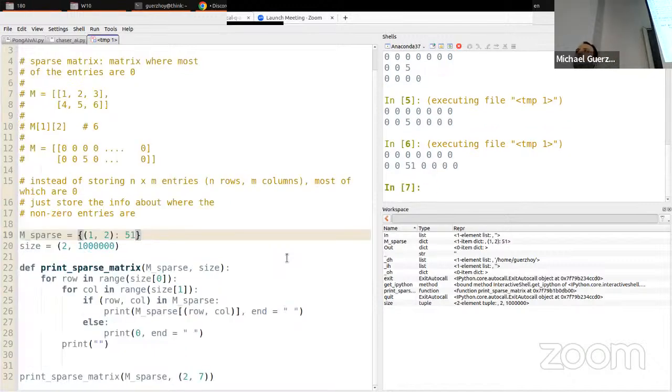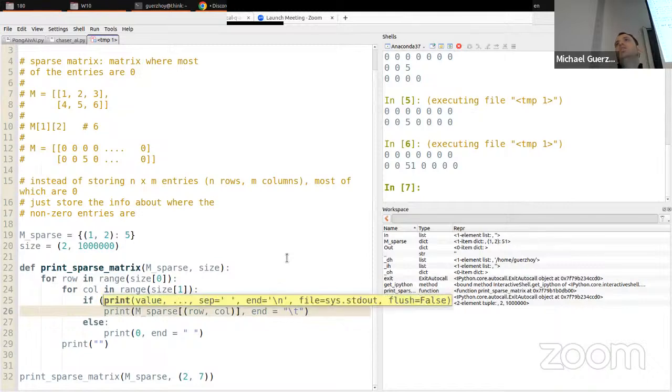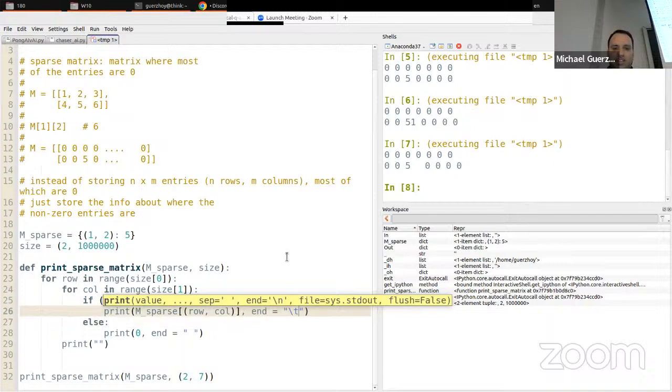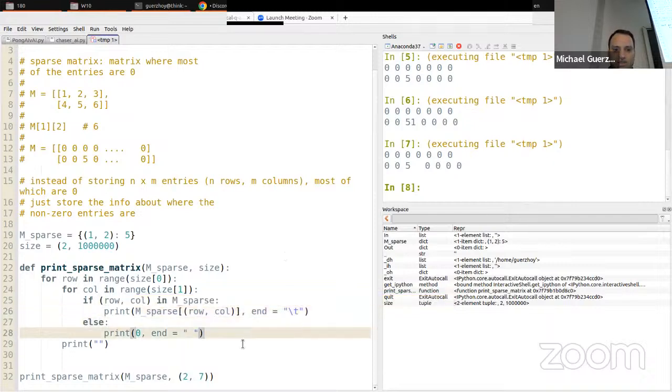So like this. So what I can do is, instead of saying that the end is this, I can make the end be tab. And this works when you're writing text as well, right? So tab specifically makes it so that everything is displayed nicely when it's a table. So that would be kind of like this. I need, of course, to say tab here as well.